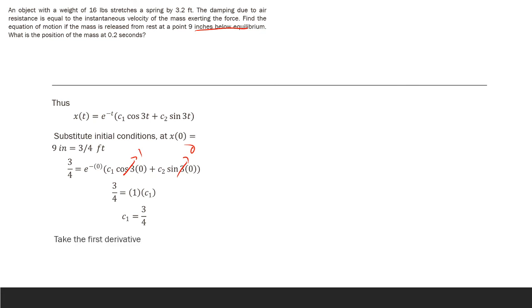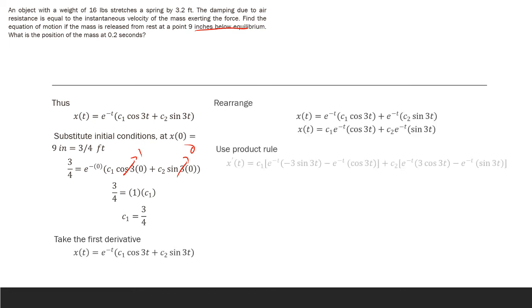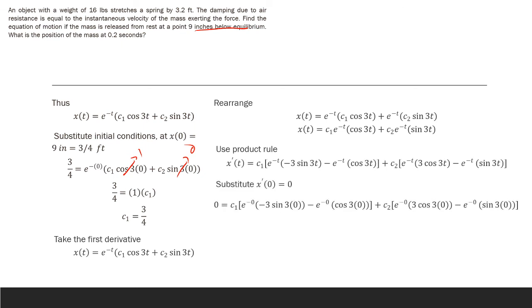Next, we need another initial condition. What can we use? It is not given, there is no instantaneous velocity specified at the beginning of your system.